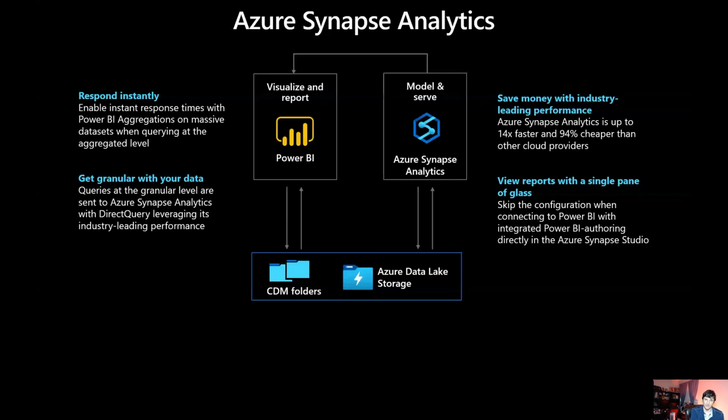So you can do some more diagnosis and analysis there, and we're working also so you can use the best of both products together. So that very fast in-memory engine you get with Power BI versus the massively scaled and parallel performance you can get out of Synapse. How do we make the best of both in kind of a hybrid model?